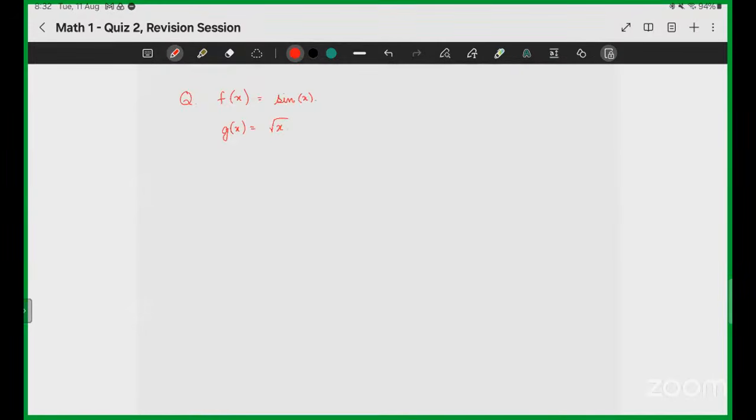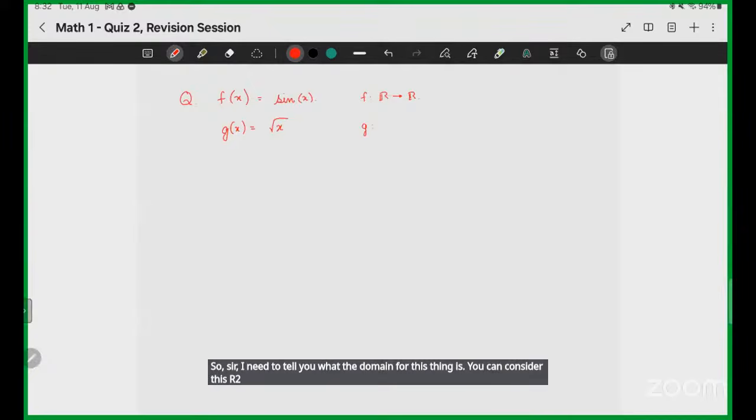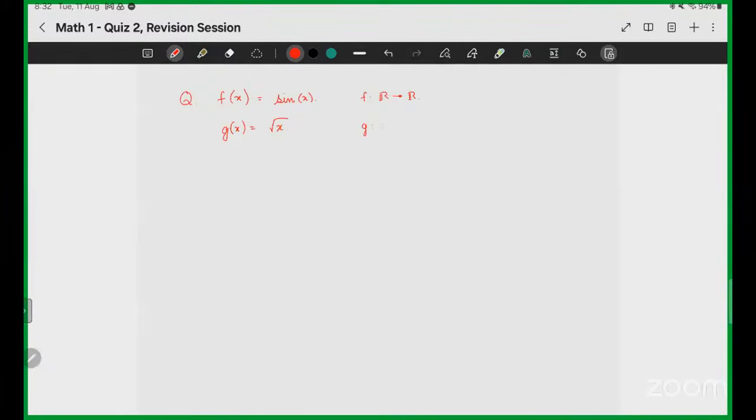I need to tell you what the domain for this is. You can consider f as R to R, and g is from R plus, or let me just write it as 0 to infinity, to R. Then f of g can be defined.